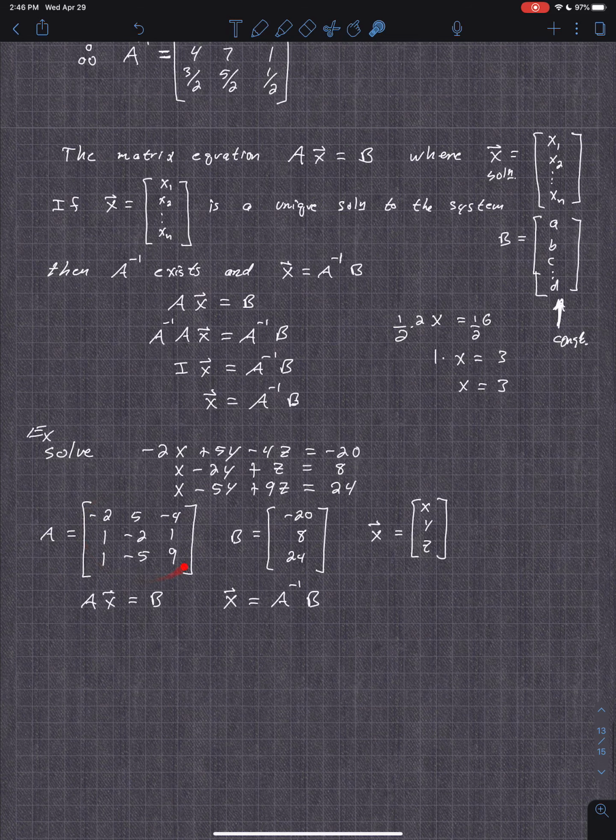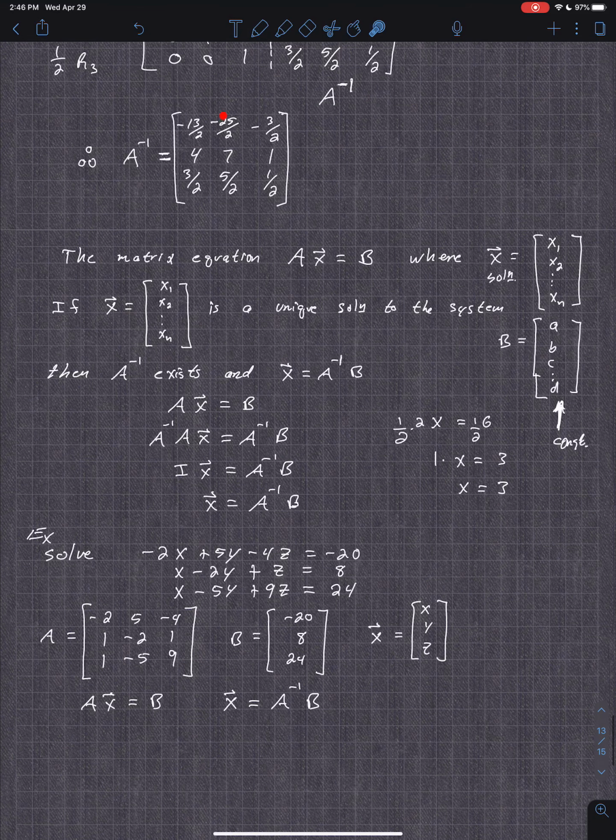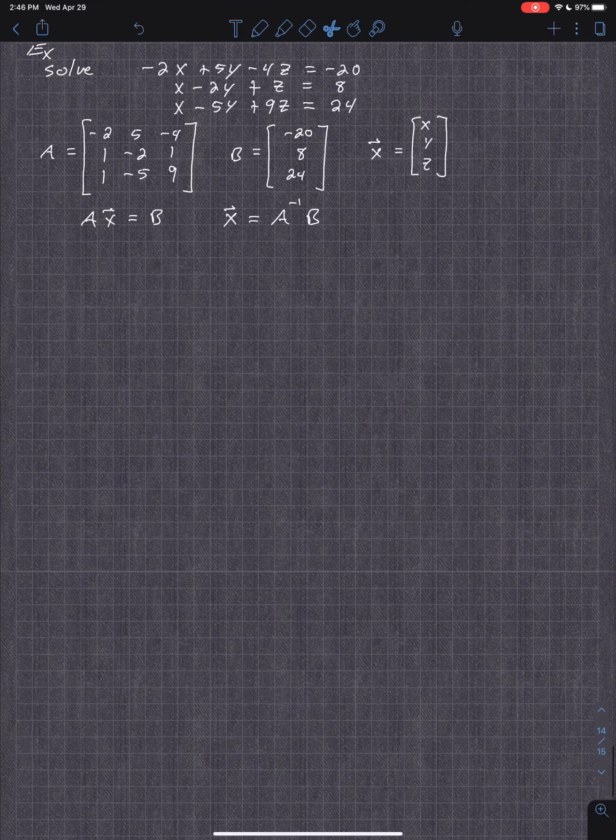There's my A. We already have A inverse, this matrix right here. So if we take that matrix, copy it, and multiply by B, then we have our solution.